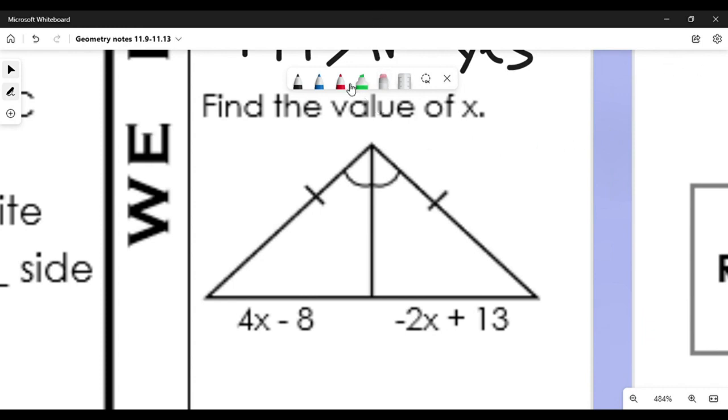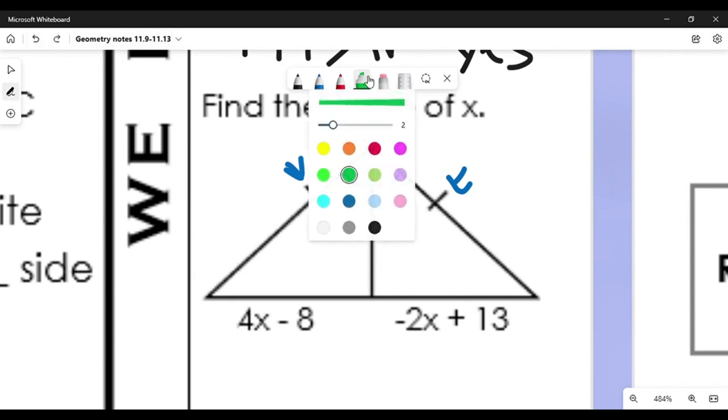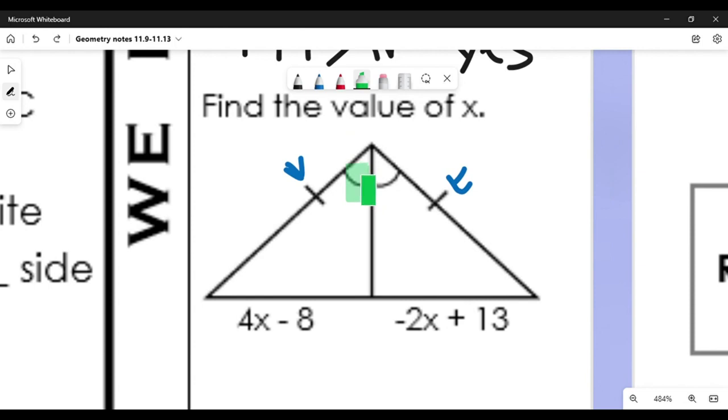Whenever they show us certain symbols like this one over here, this means that those 2 sides here are equal. Another thing that we notice is, oh, that's a little too big. Let's make that smaller. All right. So if we see that on angles, they have the same little arc here. That means that those 2 angles are equal.